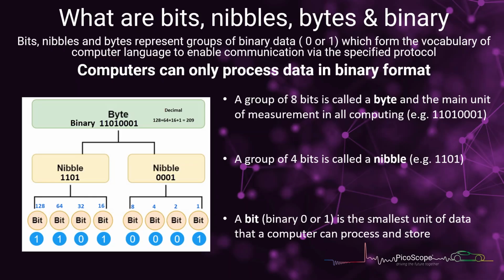I've included the binary number, and also what that means in decimal and how we made that up. That was simply by adding together the fact that a 1 sits underneath 128. We add that to 64. There is a 1 under 16, so we include that in our calculation, and there is a 1 under the decimal 1. You add those together, and that binary number is equal to a decimal value of 209.